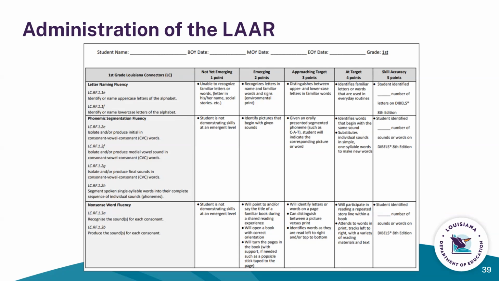So if that particular student likes these letter tiles, that's what the test administrator is going to utilize. That administrator would arrange those letters in front of the student being tested and then determine if the student is able to identify the letters, recognize which letters are lower or uppercase, etc. So again, using different manipulatives to gauge that learner's knowledge and to record an appropriate score for the student on the LAR.